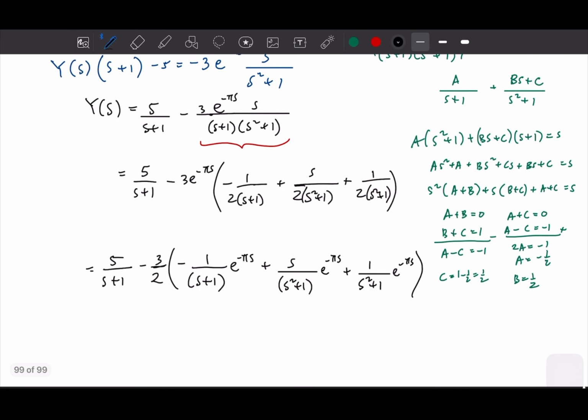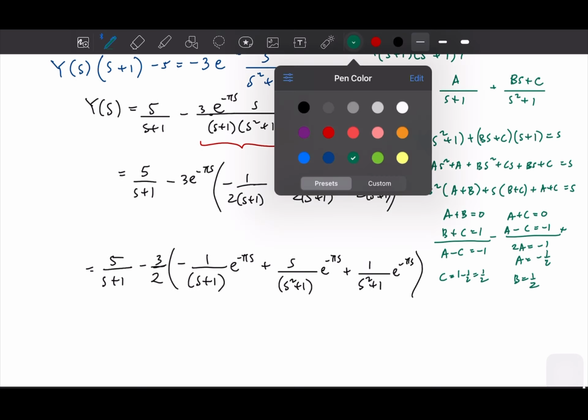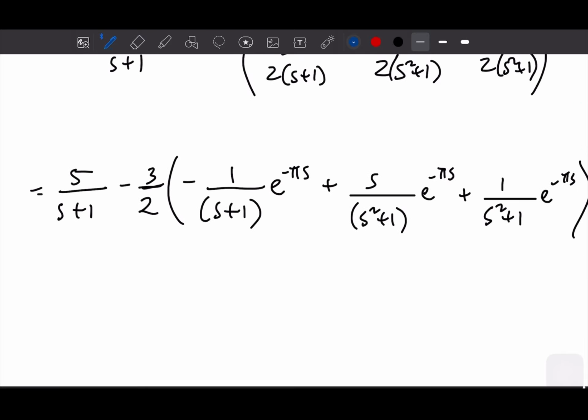Okay, and then we could start to look at one by one.